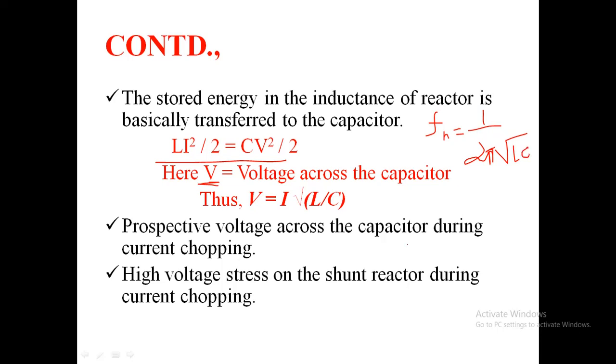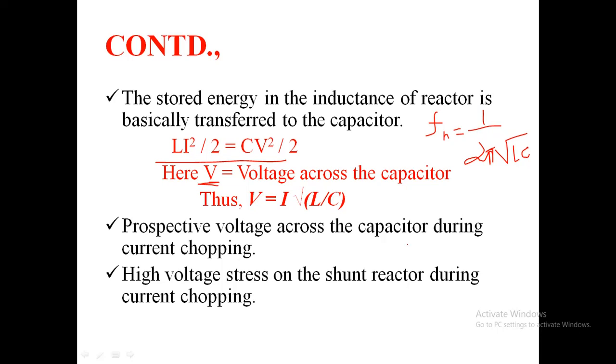To understand this concept, we can assume some values and find the voltage. For example, if I apply 7 amps for current, inductance as 35, and capacitance as 0.001 microfarad, approximately I will get 926 kilovolts.